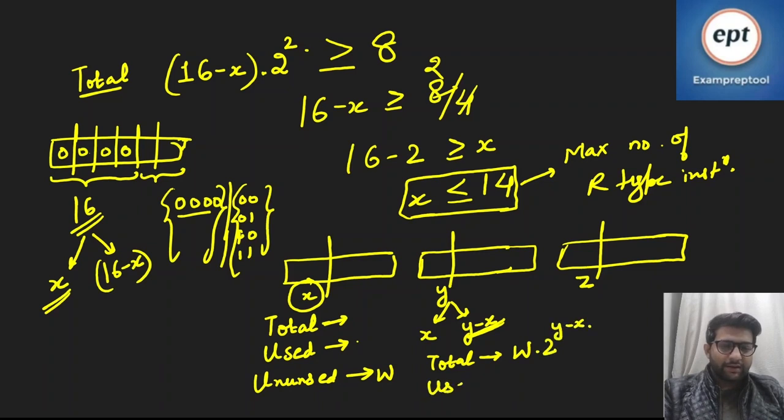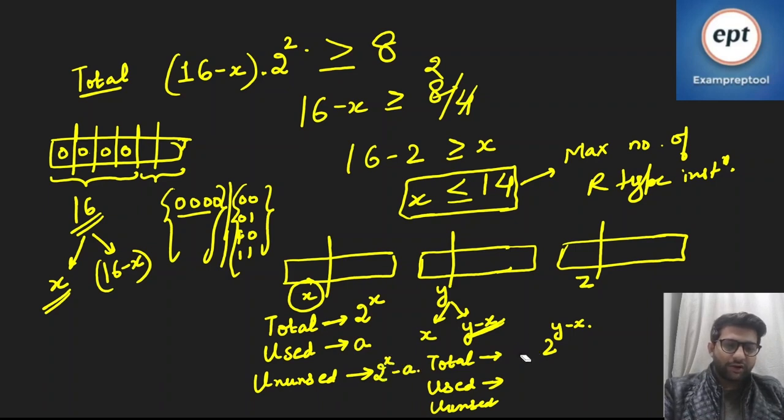Then again, we know the used number of the second type of instruction, or if we have to calculate this, just take it again as a variable and then calculate the unused. So if this was 2 power x, and the used were, let's say a, the unused will be 2 power x minus a.